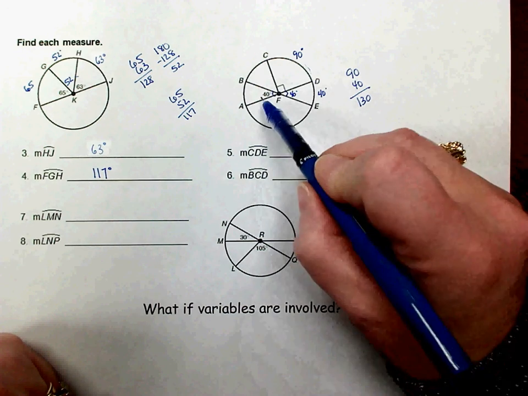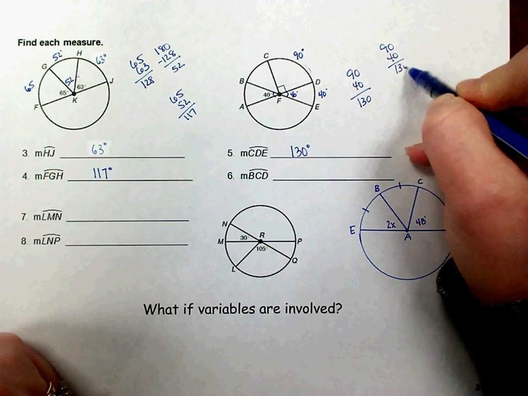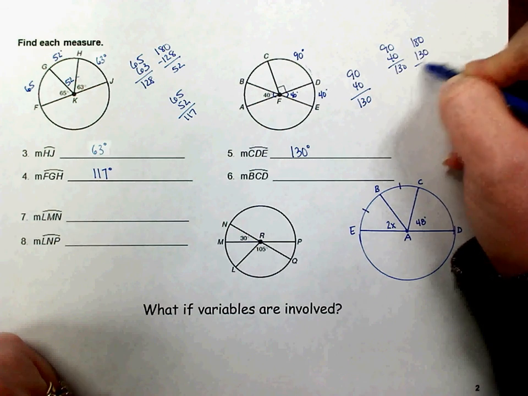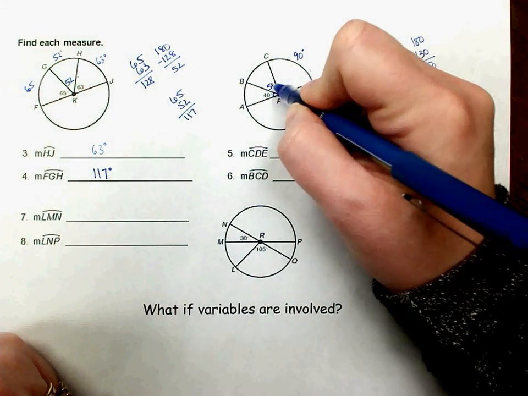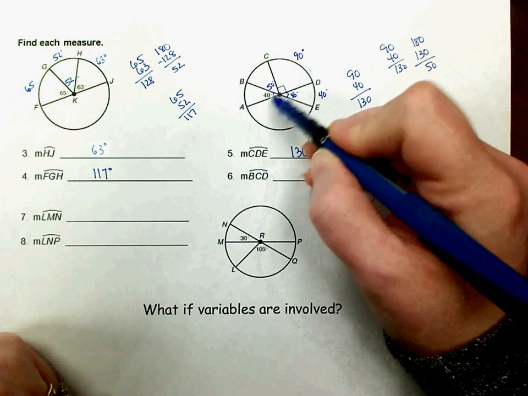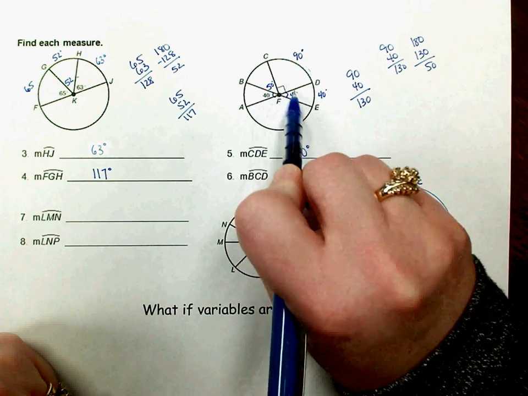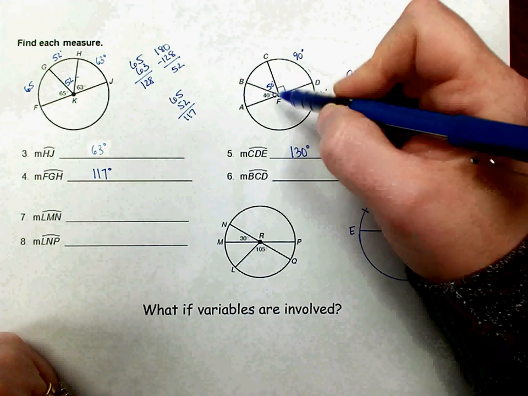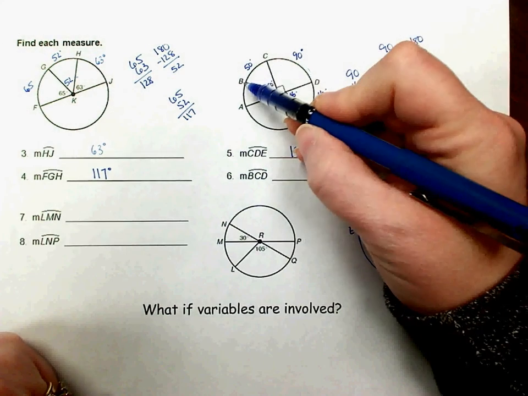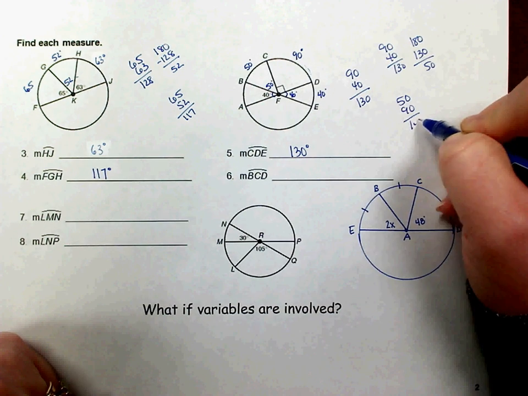So you're going to need to add the 90 and the 40 together, which I already did, and then subtracting that from 180 to find that this angle right here has to be 50 degrees. 40 plus 50 plus 90 makes that 180 degree angle, and here 50 plus 90 plus 40 makes that 180 degree angle. So if this angle is 50 degrees, this arc is also 50 degrees. So now I can find BCD by adding 50 to 90 and getting 140 degrees.